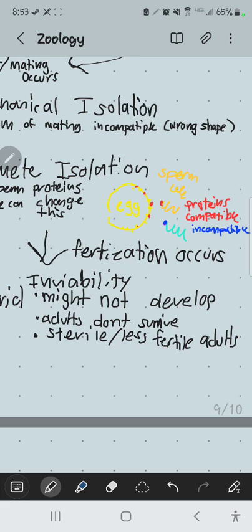So we're going to combine all these together into the same basic idea: the hybrids just don't work out and they cannot perpetuate themselves. Either they're never born, they don't survive as adults, or they don't reproduce. And probably the most widely known example of this would be horses and donkeys, right? Equines.